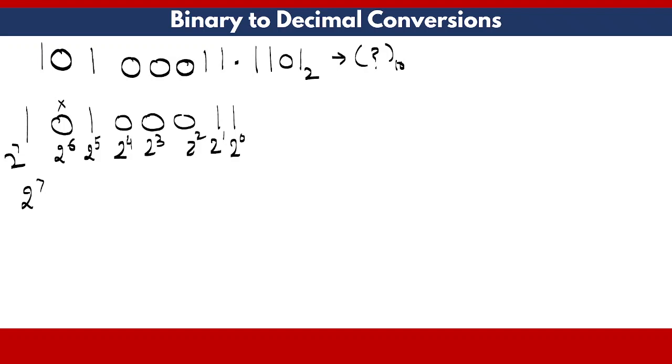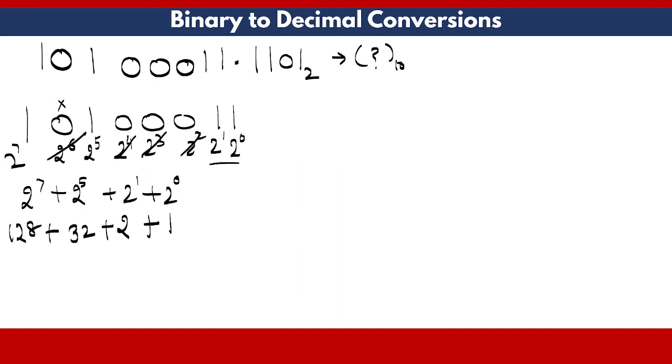So this won't be added, and this is 2 to the power of 5. These weights will be again omitted, and we will use these two weights, 2 to the power of 1 plus 2 to the power of 0. So it becomes 1 plus 2. 2 to the power of 5 is basically 32. 32 plus 128. So you get the answer 163. This was for the whole number part.